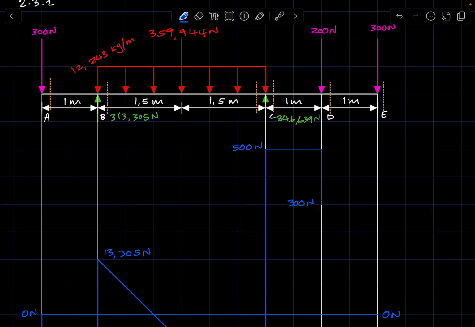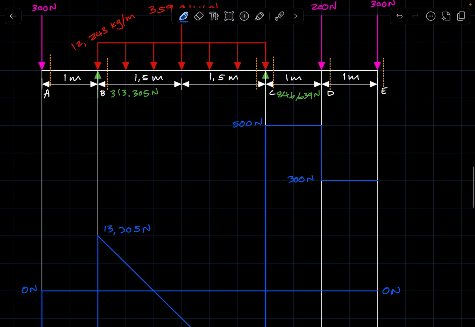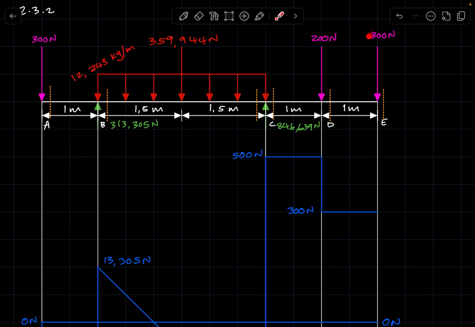Then, because we are done with this, we move on to the next critical point. There is no UDL between these 2 points. Therefore, you draw a line going straight across, and then consider forces between this section and the last section, which is the negative 300. It's negative because it's heading downward.